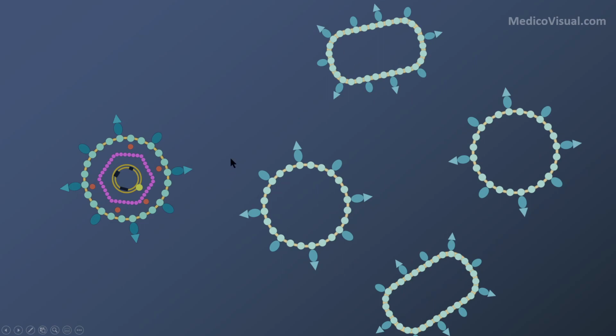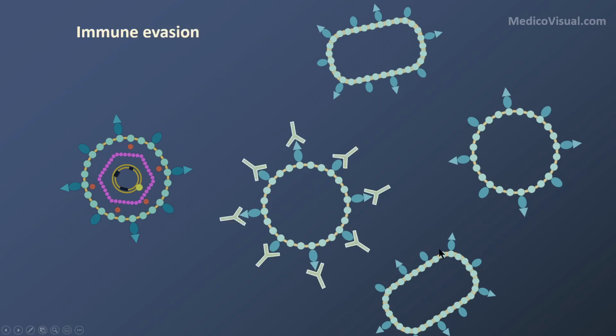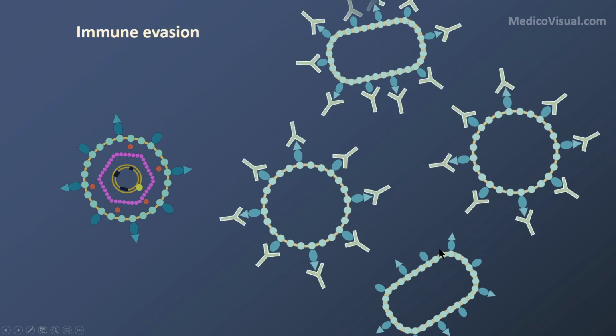Now when body will create anti-HBs antibody, they will end up binding with these subviral particles, right? And that would be a useless activity. Meanwhile, it is binding with these subviral particles, this actual virus will slip away from the immune system. It will evade the binding of these antibodies.